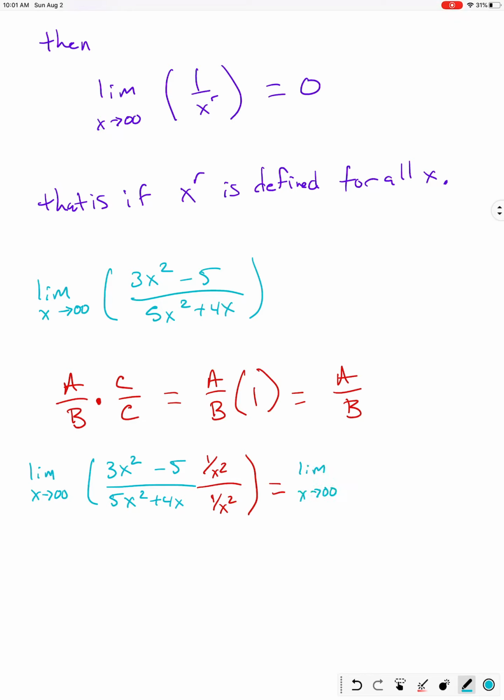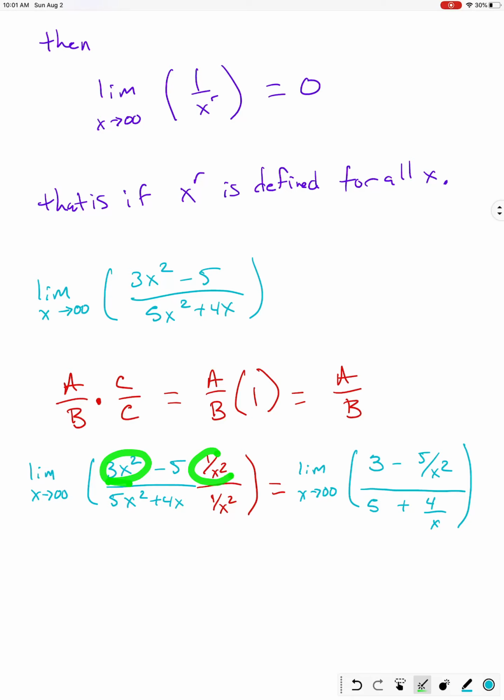So then that simplifies to the limit as x approaches infinity of 3 minus 5 over x squared, all divided by 5x squared divided by x squared, so that's just 5, plus 4 over x.